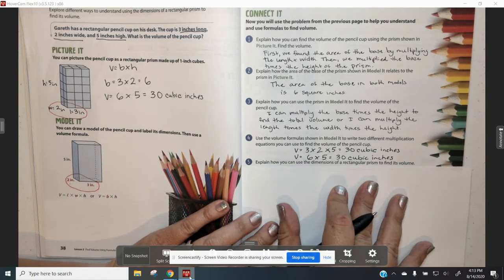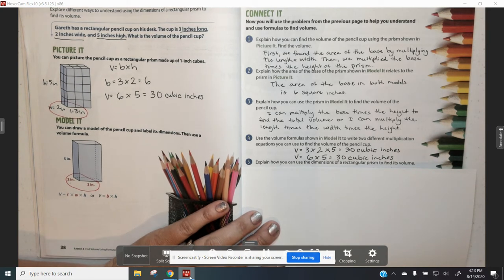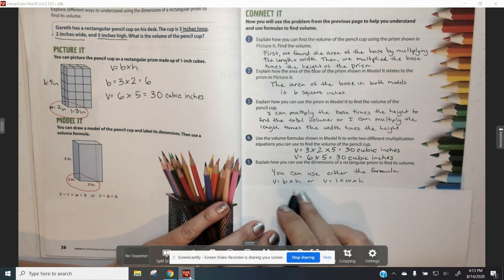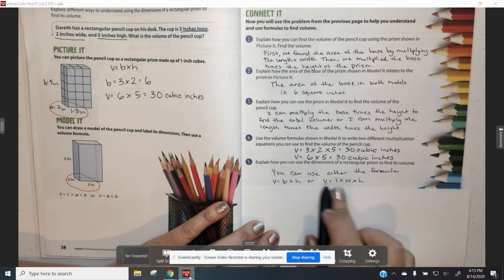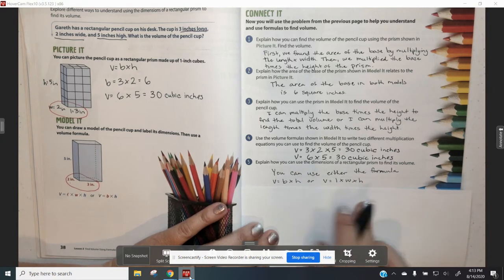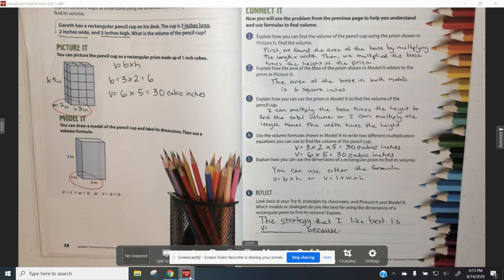Number 5 says, explain how you can use the dimensions of a rectangular prism to find its volume. So you can use either the formula base times height or the formula volume equals length times width times height. It doesn't matter which formula you use, as we've shown today, no matter what you use, it's going to give you the same results.